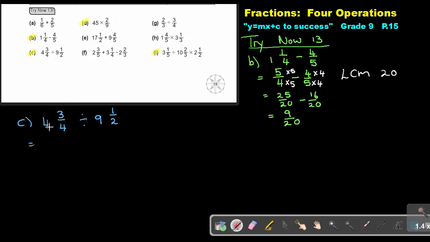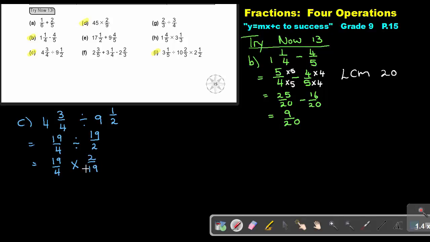So 4 times 4, that will be 16, plus the 3, that will be 19 over 4. Divide, 9 times 2 is 18, plus 1, so it's 19 over 2. So this will be 19 over 4, multiply and take the reciprocal. What will that be? 2 over 19.